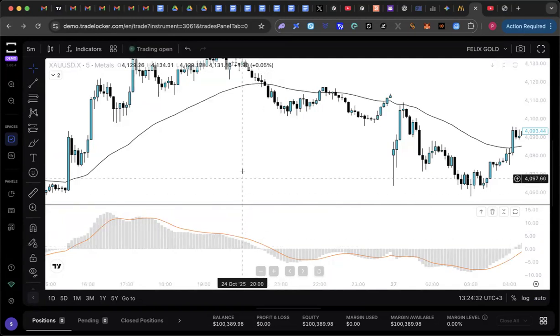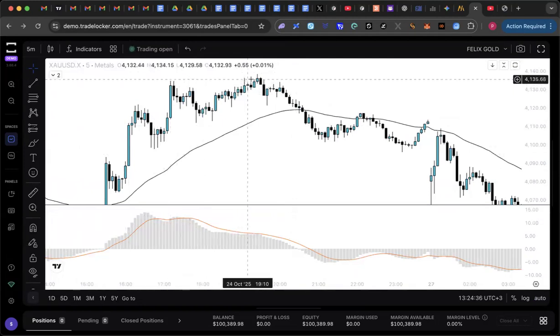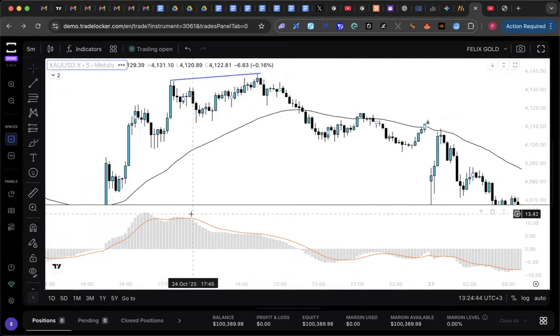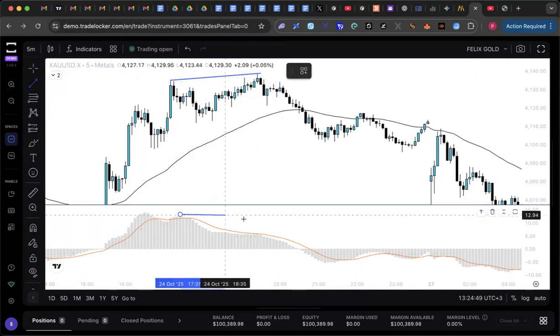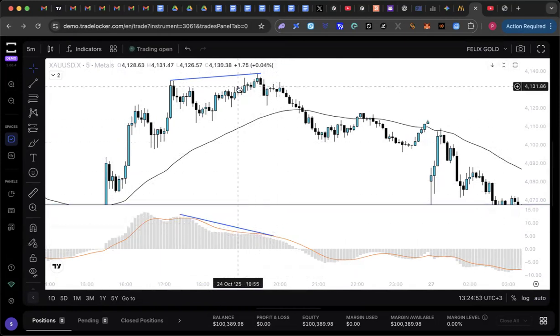Sometimes you have divergence. Divergence will help you because the MACD has a flat top here, okay? Then your MACD is having a lower low. That's a sign that the market is about to cross, so you want to patiently wait for it to cross.